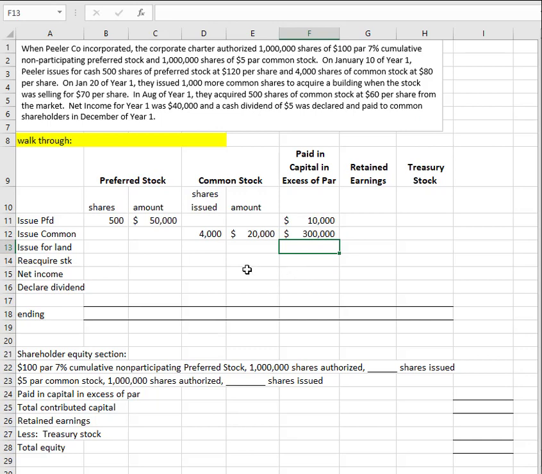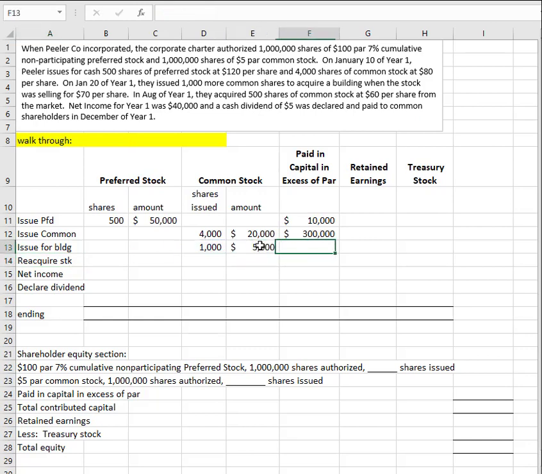Then we issued some more common shares for a building. This says land, but they meant building. We can change that. And what did they get for it? It was selling at $70 a share. Okay, so we always have to put par here.